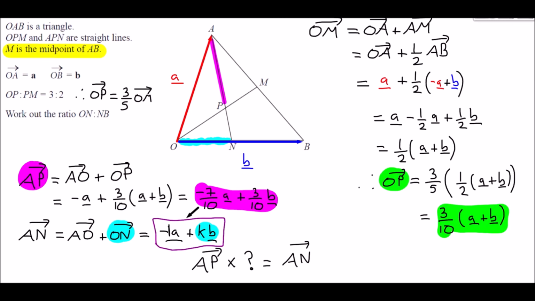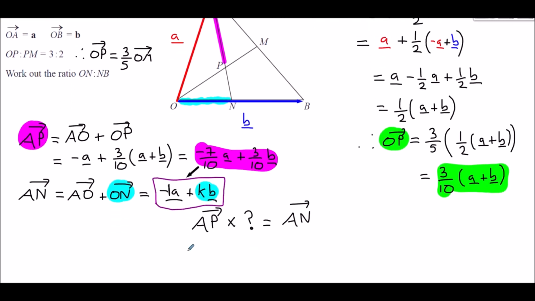Minus 7/10 times what gives us minus 1? Because we've gone from minus 7/10 of an A, at AP, to minus 1A for the full distance from A down to N. Obviously minus 1 is not a fraction, so it has no denominator.